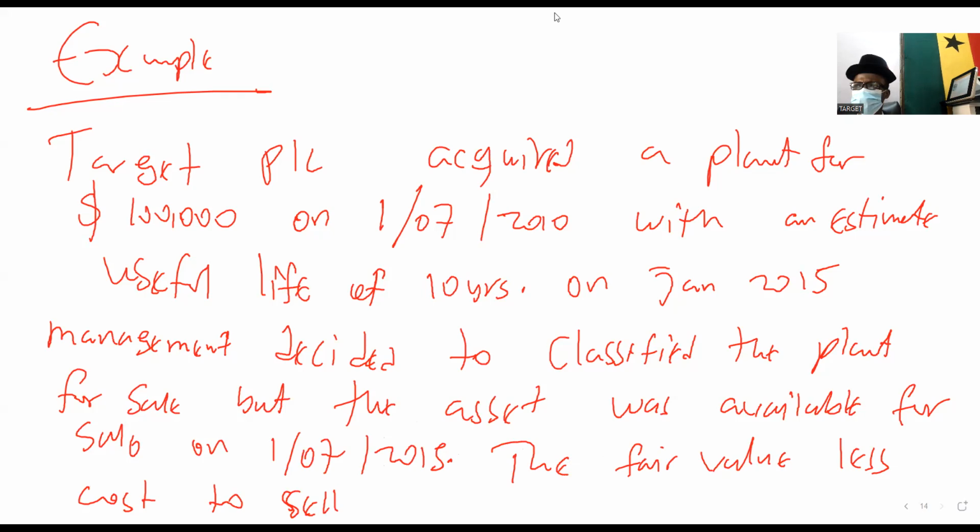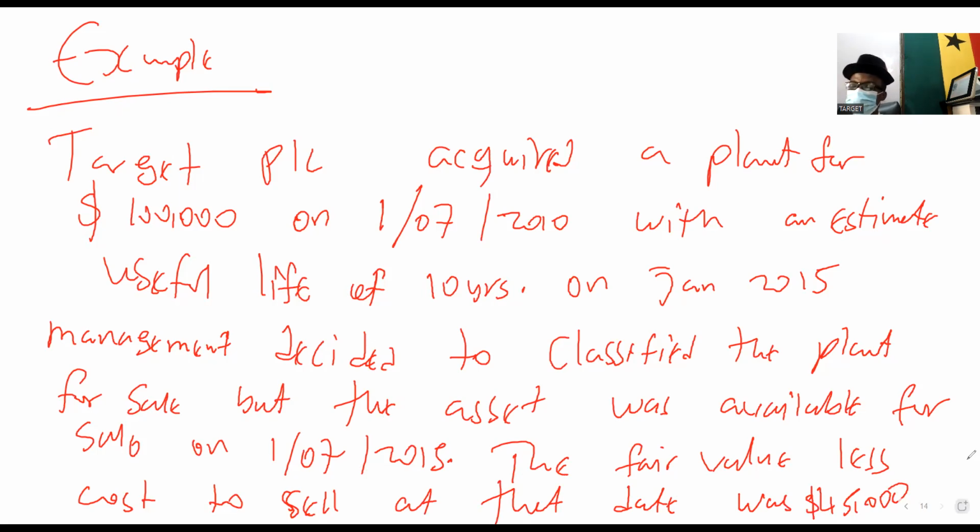So you see the game, fair value less cost to sell at that date was $70,000. That's all. Let's make it 65. Should be okay. So $45,000. Done.